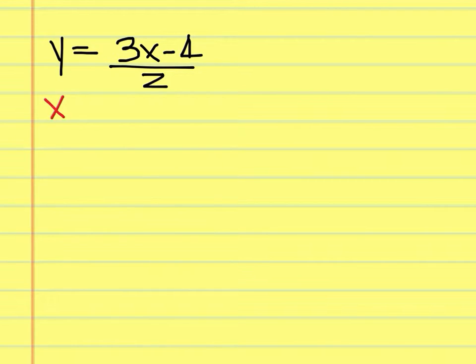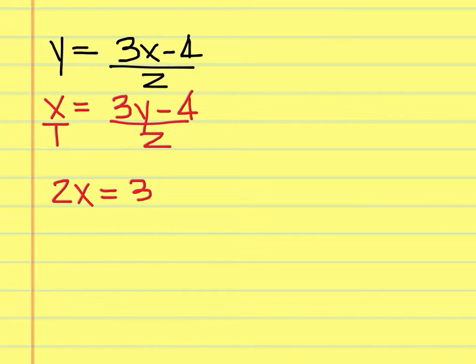Let's find the inverse of y equals 3x minus 4, all of that over 2. It's still the same process. Switch the x and the y. And now you have to begin to get the y by itself. What this really is here is a proportion in which you can cross multiply to get 2x equals 3y minus 4.